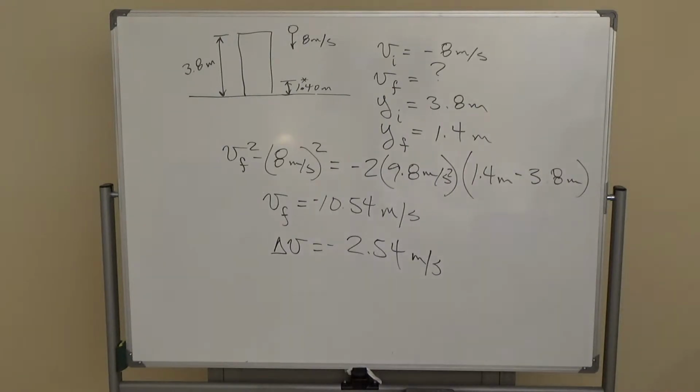Does that answer your question? Let's see. Negative 2.4. Okay, 2.54.